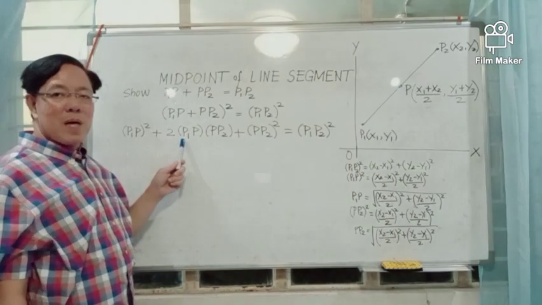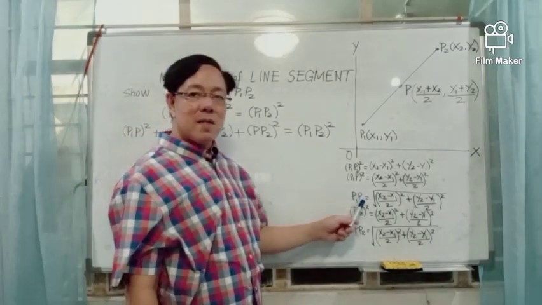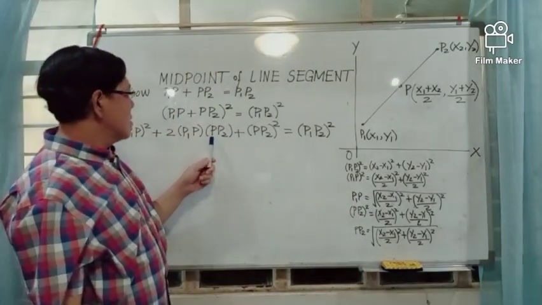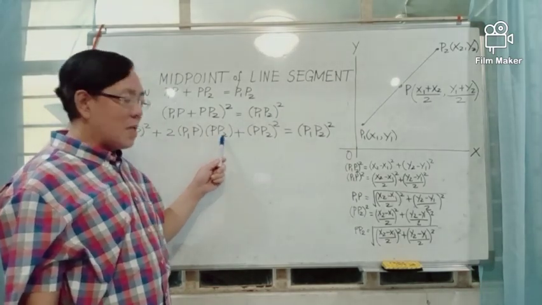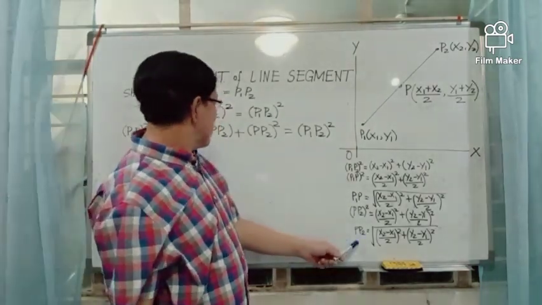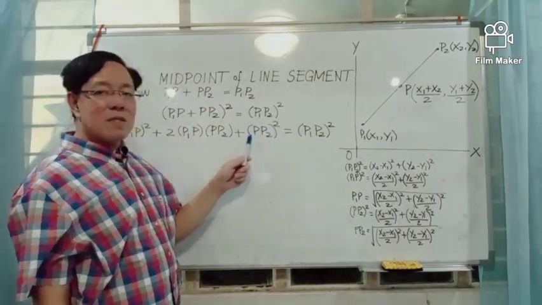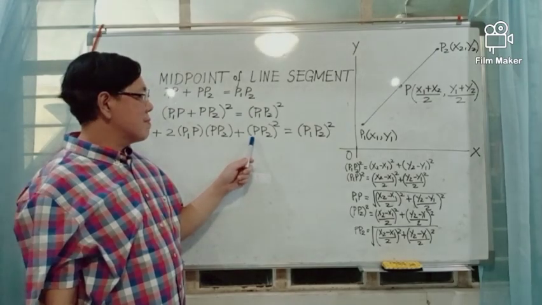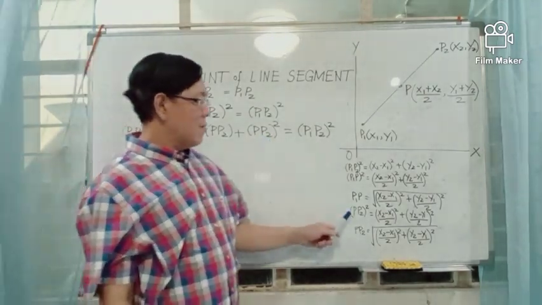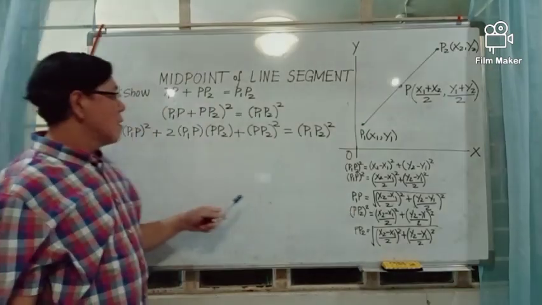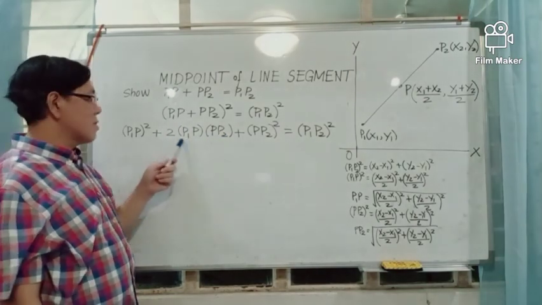We substitute the value of the distance between P1 and P given by this, and the distance between the midpoint and the second endpoint of the line segment given by this, and the square of the distance between the midpoint P and the second endpoint of the line segment, which is given by this. But before we do that, I would like to simplify the second term.